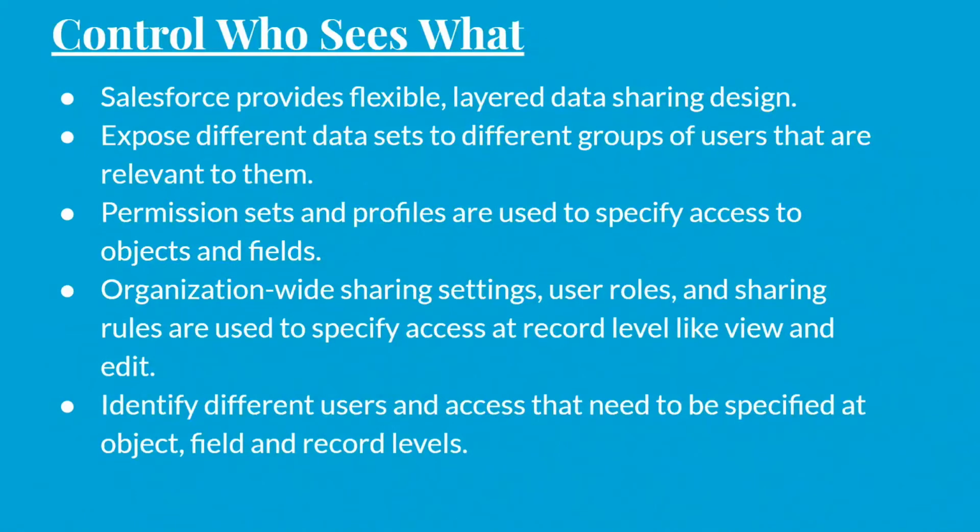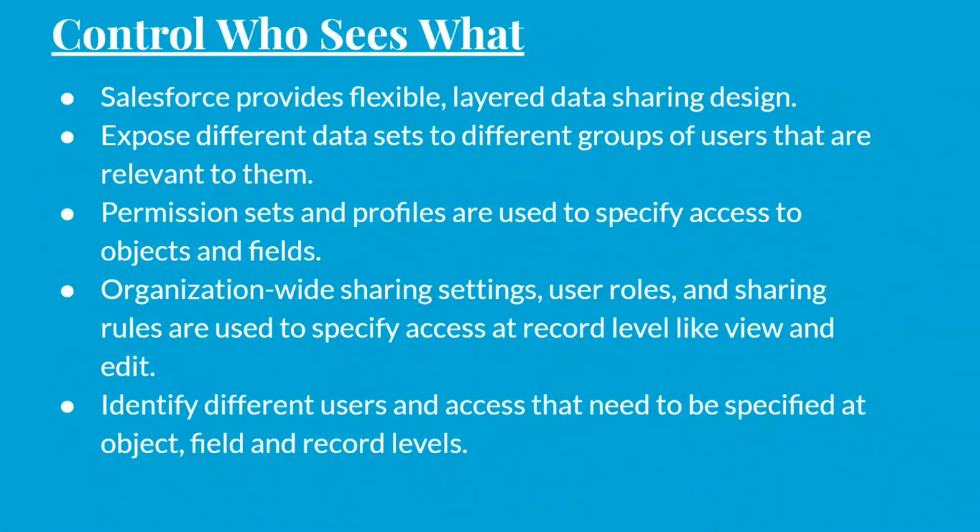Then there are permission sets and profiles, which are used to specify access to objects and fields. So when it comes to the object and field level, you will be using permission sets and profiles. And organization-wide sharing settings, role hierarchy, and sharing rules are used to specify access at the record level, like view and edit.